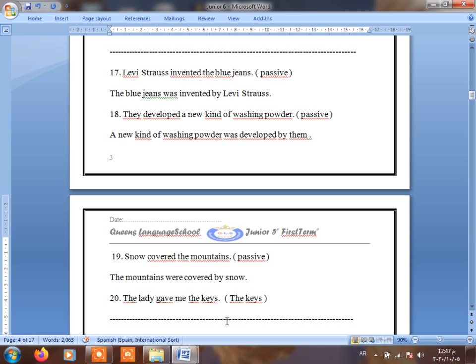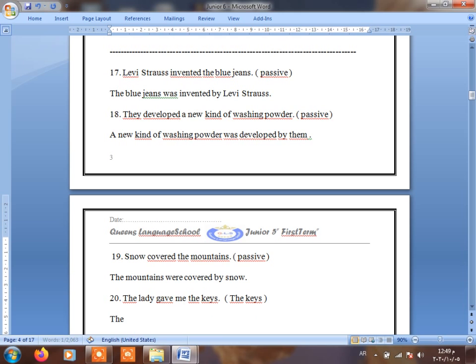Okay, number 20. The lady gave me the keys. So here I have two objects. I have me, the first object, and I have the keys. So I will answer the sentence in both ways, the two answers. Okay, so I will start with the first object, which is me. So here I'm asked to start with the keys. Okay, so it's the second object, so I have to add a preposition.